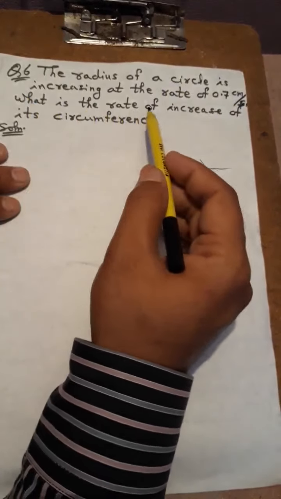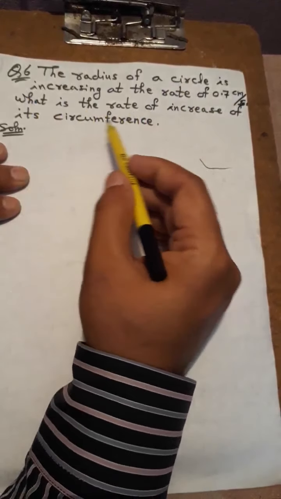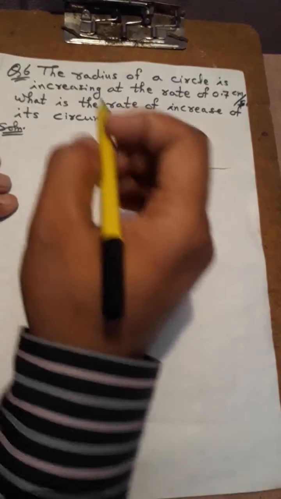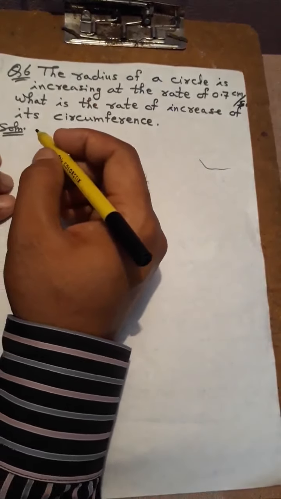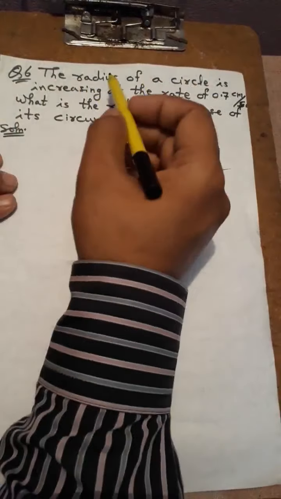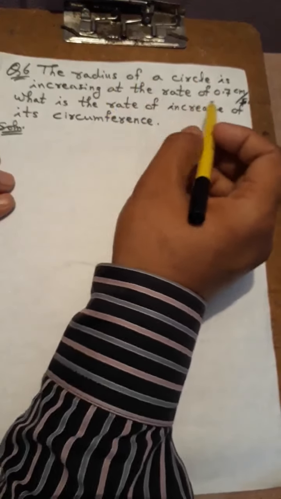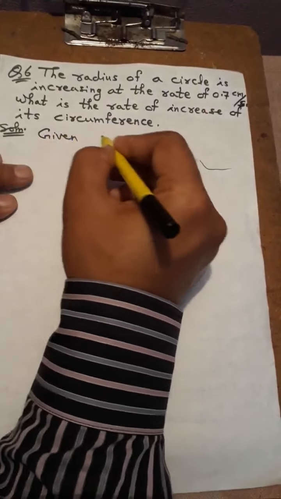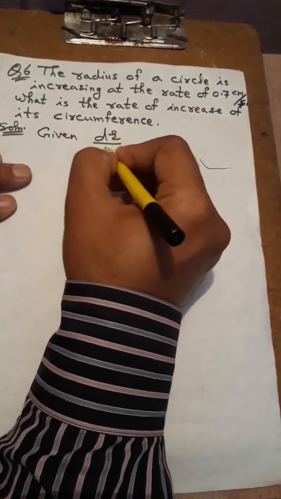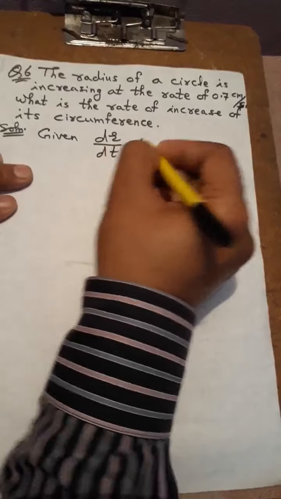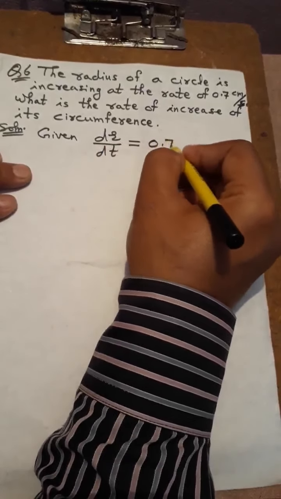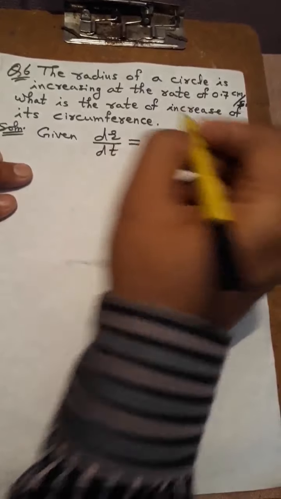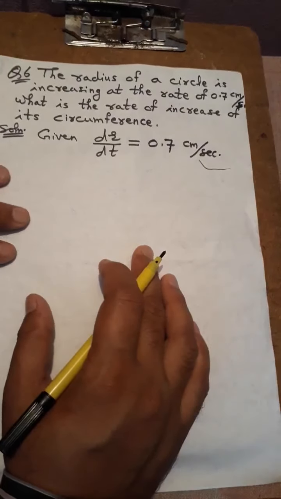What is the rate of increase of its circumference? So let us solve this question. The radius of the circle is increasing, it means it is given that dr by dt is 0.7 centimeter per second.